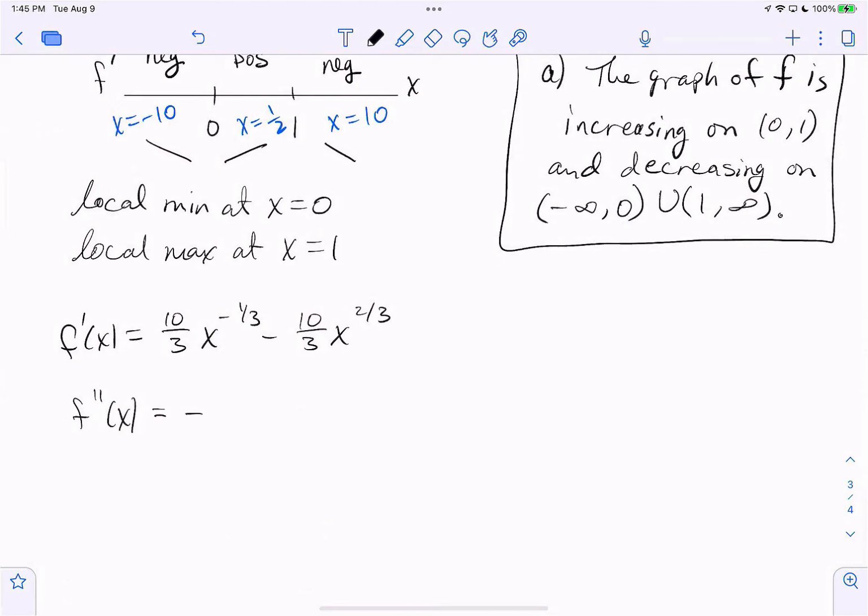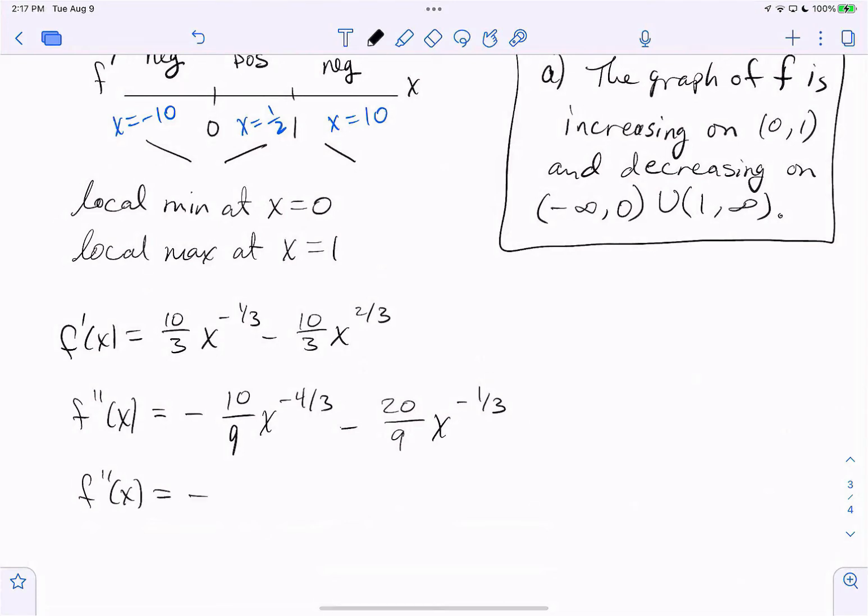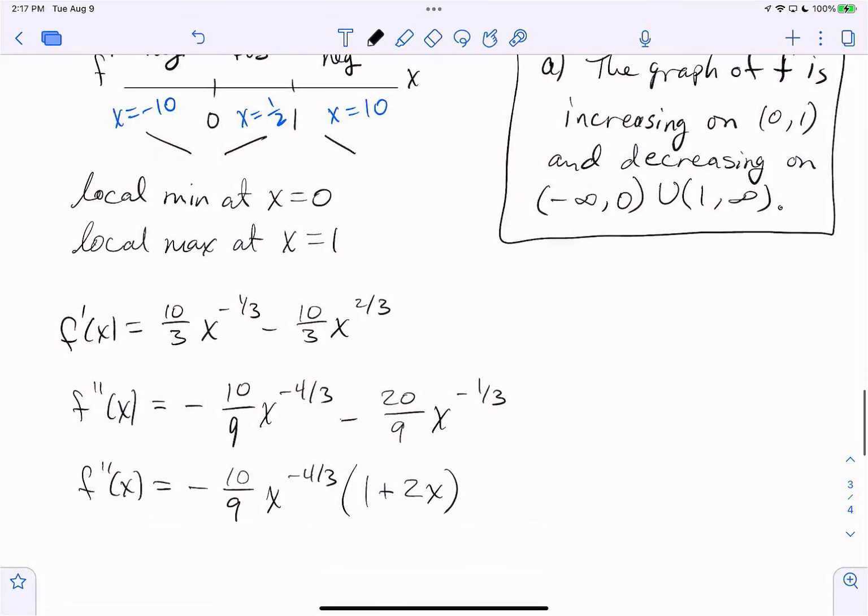We get negative 10/9 x to the negative 4/3 minus 20/9 x to the negative 1/3. Now to analyze f double prime of x, I'm going to go ahead and factor out the greatest common factor, negative 10/9, and then x to the negative 4/3. That's going to leave me with 1 plus 2x.